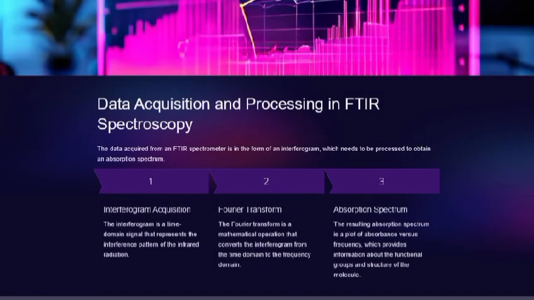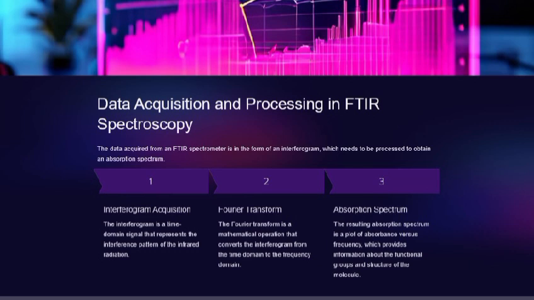Now, data acquisition and processing in FTIR spectroscopy. The data acquired from an FTIR spectrometer is in the form of an interferogram, which needs to be processed to obtain an absorption spectrum. Interferogram acquisition is a time domain signal that represents the interference pattern of the infrared radiation.